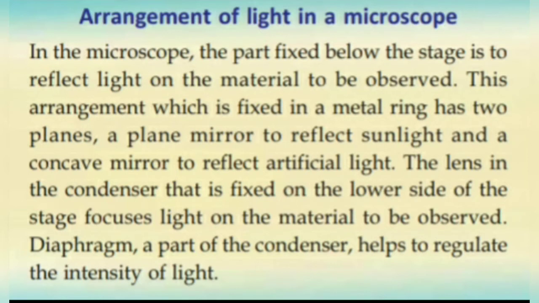This arrangement, which is fixed in a metal ring, has two planes, a plane mirror to reflect sunlight and a concave mirror to reflect artificial light. The lens in the condenser that is fixed on the lower side of the stage focuses light on the material to be observed. Diaphragm, a part of the condenser, helps to regulate the intensity of light.